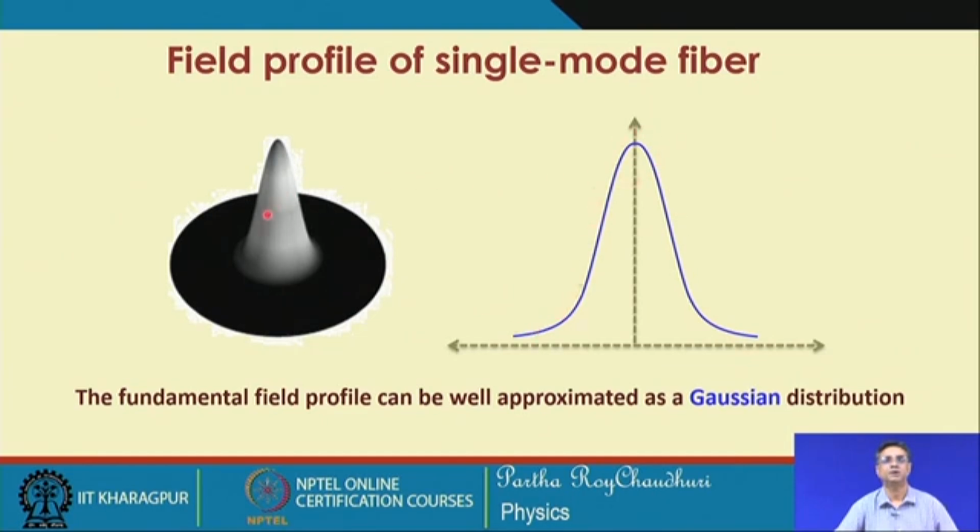This w square will define the spot size, that is where the intensity falls to 1 upon e times the maximum intensity, and that helps a lot on several occasions such as fiber mode matching, splice loss, and butt coupling calculation. The mode field and the propagation constant are the two important parameters of any waveguide that detail almost all guided properties of an optical waveguide.